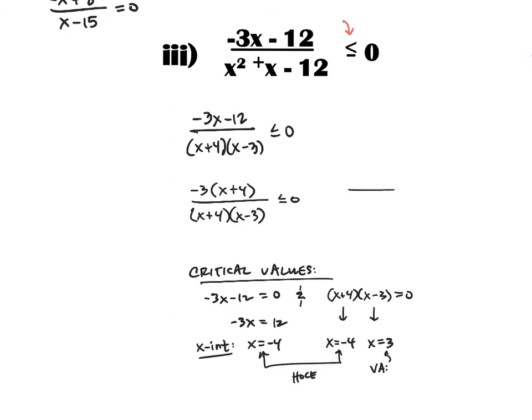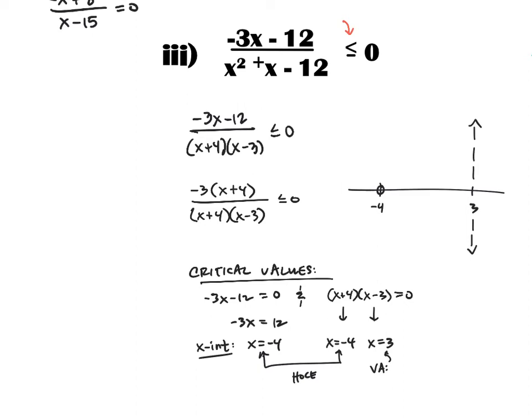So let's do a little sign diagram here at negative 4 and at positive 3. Both of these, this would be a hole, which I could represent that way. This would be a vertical asymptote. So these do not have possible outputs for an input of negative 4 or positive 3.